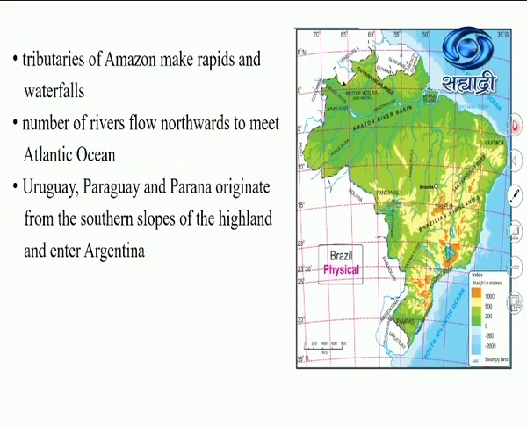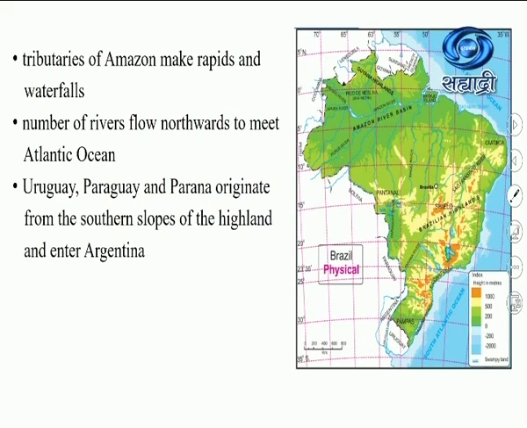Many of the tributaries of the Amazon make rapids and waterfalls. So there are a number of rivers which flow northwards to meet the Atlantic Ocean. You can see, because some rivers are originating, they are flowing towards the north and they are entering into the Atlantic Ocean.